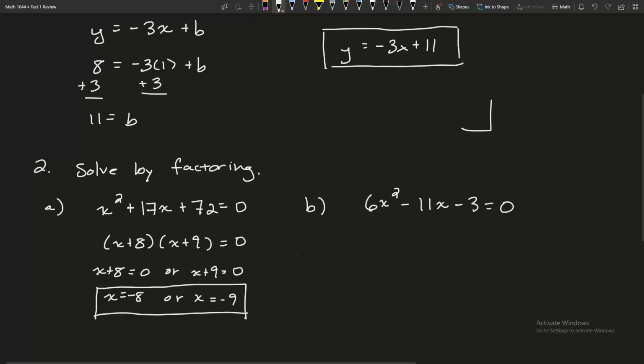So in this case, we can't just find the numbers immediately. We have to start by multiplying the first number, 6, with the last number, minus 3. So that gives us minus 18. So then we're looking for 2 numbers that multiply to minus 18.